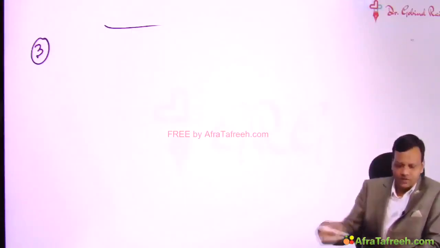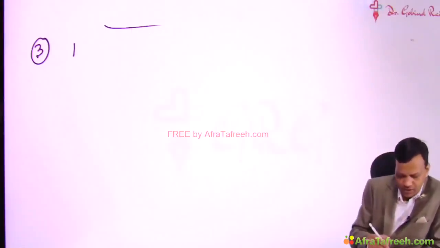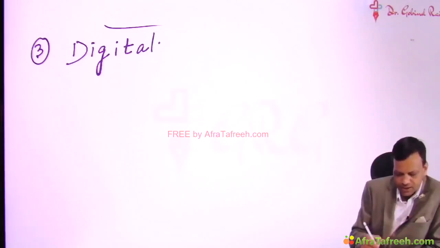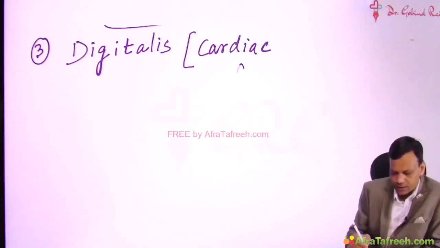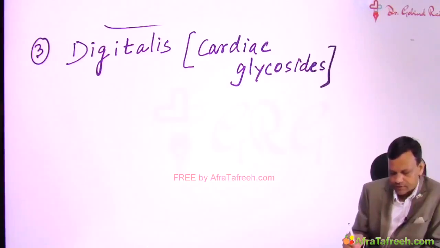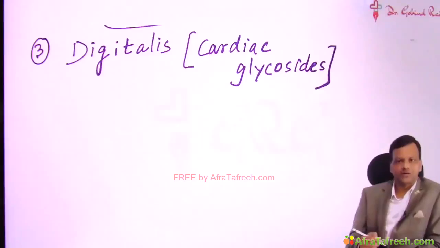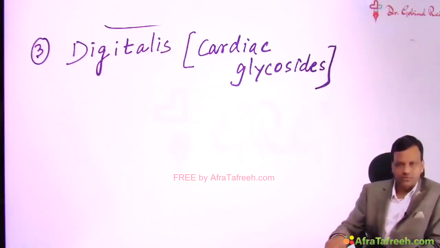In search of such a drug, we found the next group of drug, which is called digoxin. The group of the drug is called digitalis. The other name of this group is cardiac glycosides. Digoxin or cardiac glycosides.